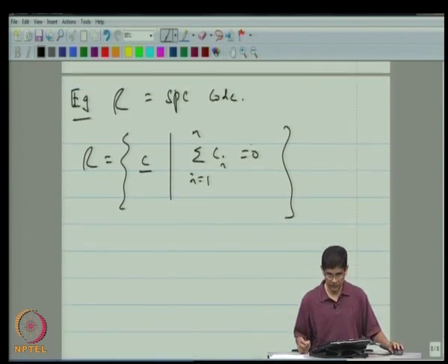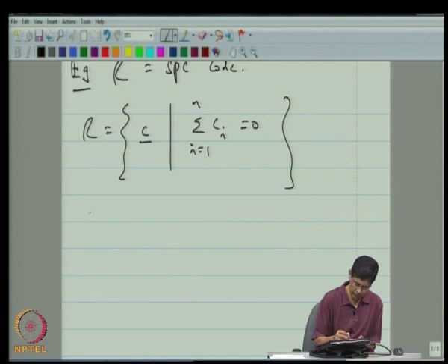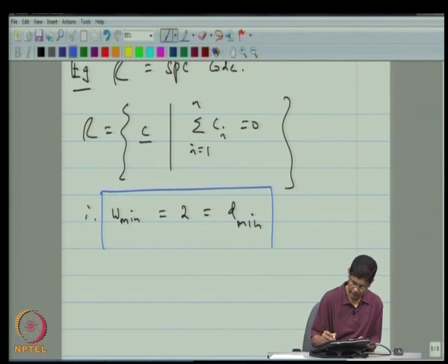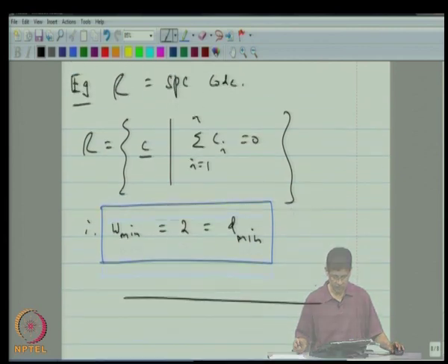It is clear from this that if you want the sum of all the symbols to be 0, then there must be at least 2 1s for this to happen. Therefore, W min is equal to 2 is equal to D min. So, we have dealt with our 2 examples.